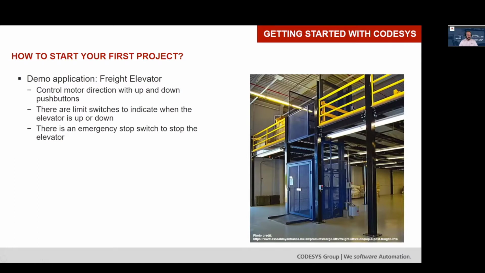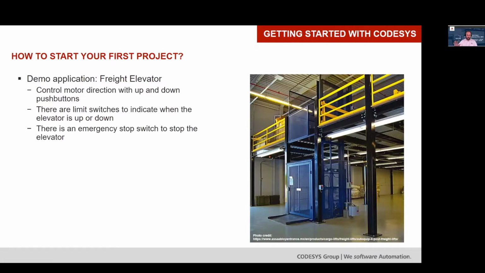What we have to do here is implement the logic to control a freight elevator. So what we have here, we have a freight elevator, and there's a motor, and this motor receives two digital signals to control its direction. You can go in one way to move the elevator upwards, or in the other direction to move the elevator downwards.